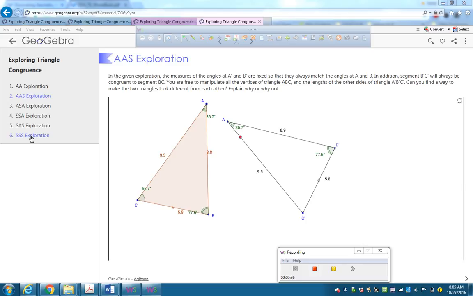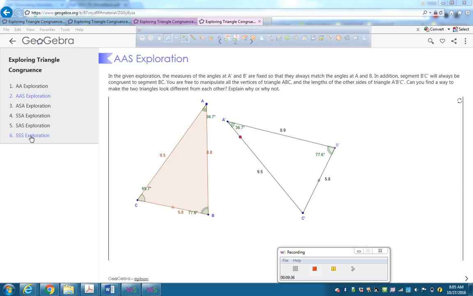So if angle, angle is a way to prove that triangles are congruent, it should really be angle, angle, angle. Because if two angles of a triangle are the same, what has to be true about the third angle? If one angle is 60 and one angle is 50, what's got to be true about that third angle in both cases? It's got to be the same, right? So angle, angle is really the same as angle, angle, angle, right?